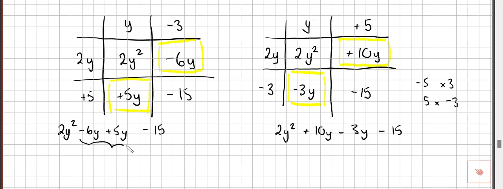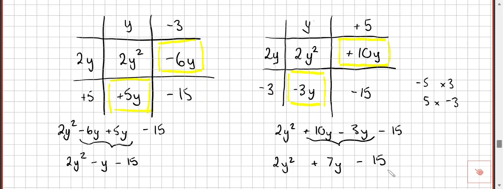So collect it together: you get 2y squared, minus 6 plus 5, you're adding, it's negative 1y, so minus y, minus 15. And this one would be 2y squared, positive 10 minus 3, plus 7y minus 15.